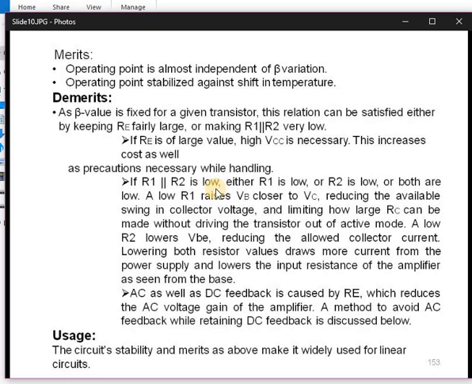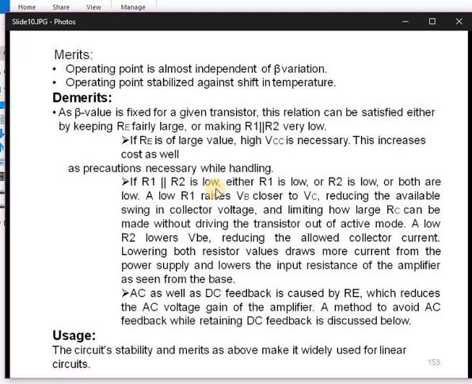Suppose R1 is low, then VB is closer to VC. When we decrease the R1 value, it raises the base voltage VB closer to the collector voltage, so reducing the available swing in the collector voltage.